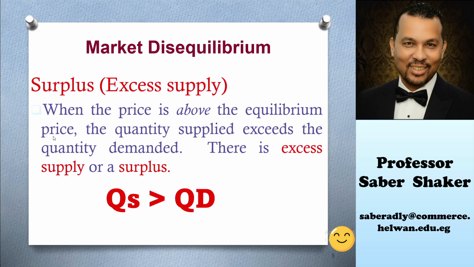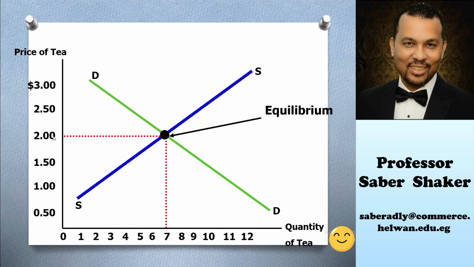By graph, this is the equilibrium, yes. What about surplus? Equilibrium price equals 2, and at all prices greater than 2, we talk about surplus. Why? Because, for example, at price 2.5, quantity demanded equals 4, but quantity supplied equals 10.